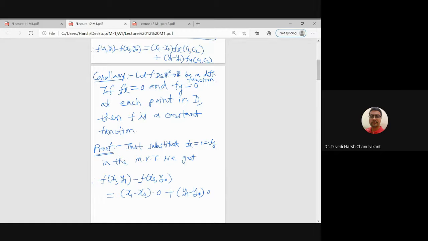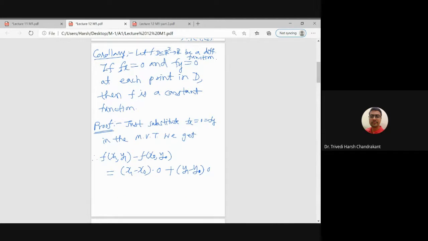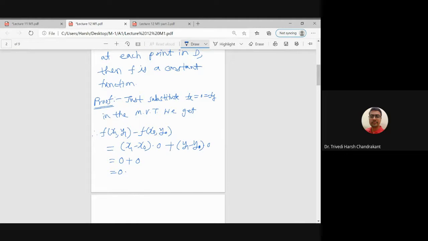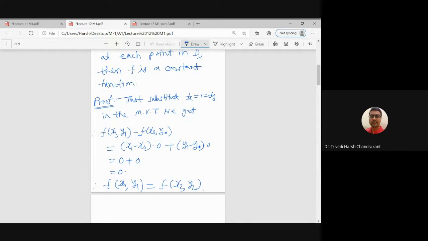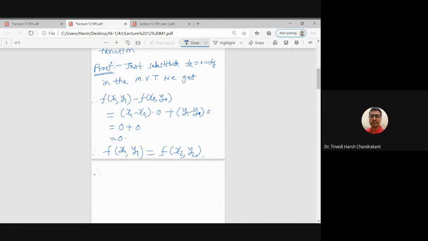Partial derivative is 0 on the whole domain. So at each point they are 0. And therefore what we get is 0 plus 0 is 0. So finally what we get is value of the function at x1 y1 equals value of the function at x2 y2. So that is f of b equals f of a, right?